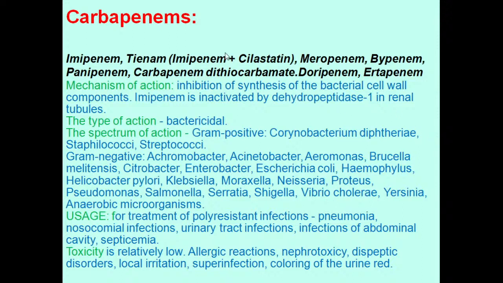So cilastatin is an additional agent which inhibits this enzyme, dehydropeptidase. That is why this combination can also be used for treatment of renal infections. Imipenem alone can't be used, but imipenem plus cilastatin can be used.